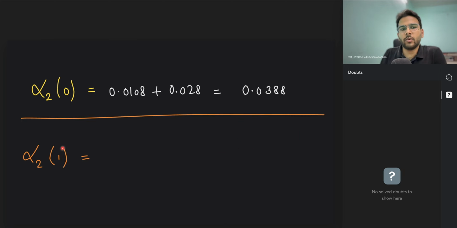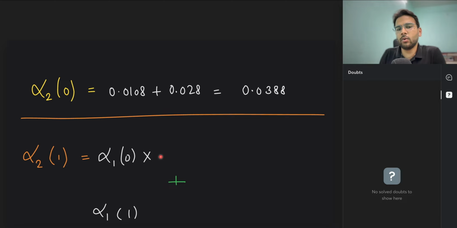So alpha 2 of 1, what will be the value of alpha 2 of 1? You need alpha 1 of 0, right? And you can just write plus here. And what else do you need? You need alpha 1 of 1 also. Now you can write the equation completely. Multiply by the probability of W2 is equal to 1 given W1 is equal to 0, because here it is 0.